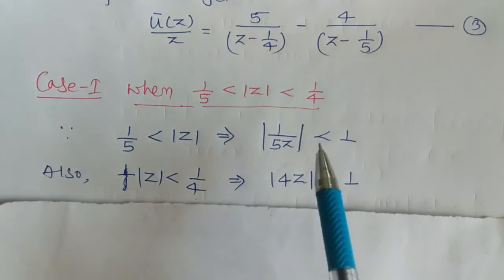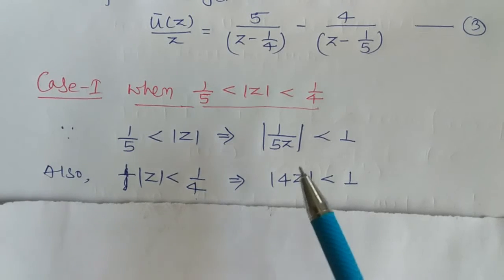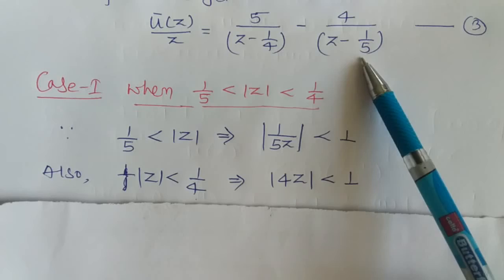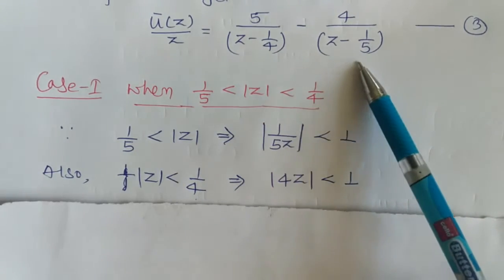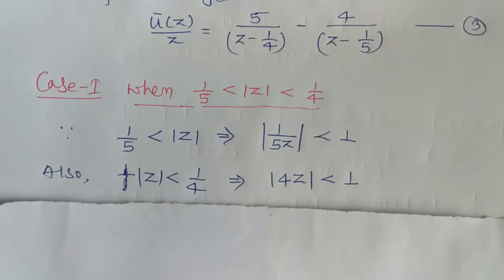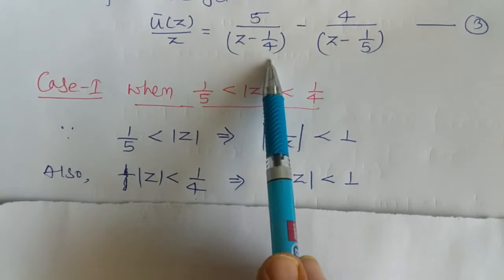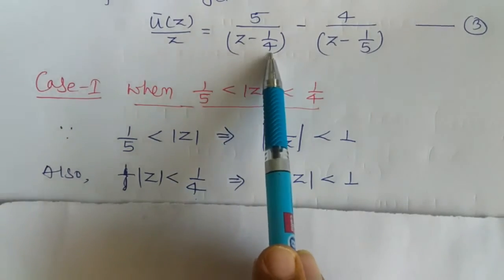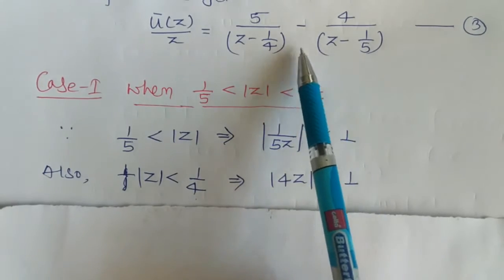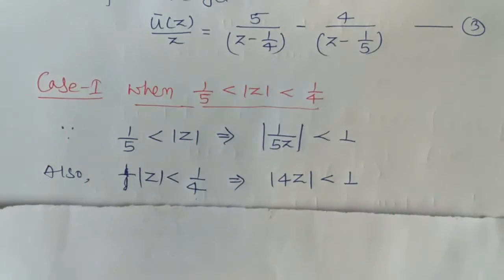So the region of convergence suggests that we have to expand this expression using binomial theorem in terms of 1 upon 5z and this expression in terms of 4z. So from here we take minus 1 by 4 common, then we get 1 minus 4z, and here we take z common, then we get 1 minus 1 by 5z.